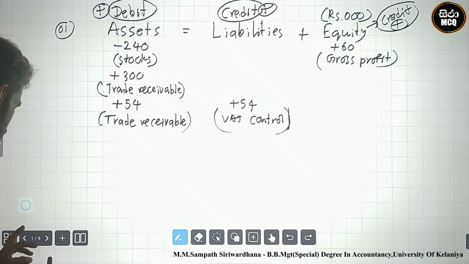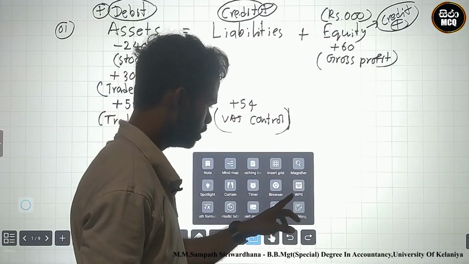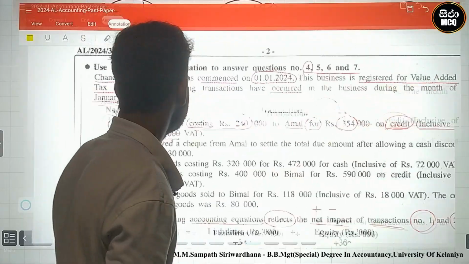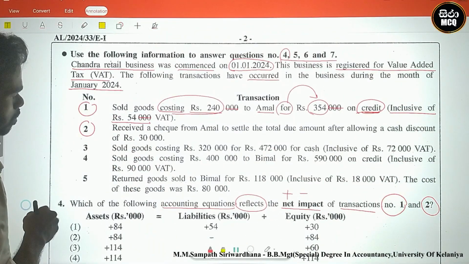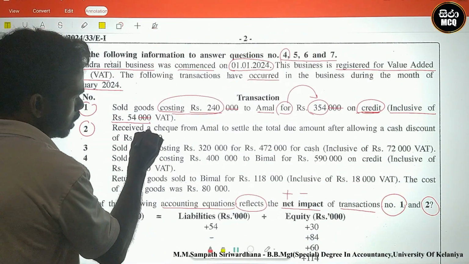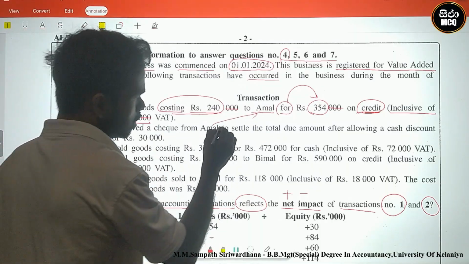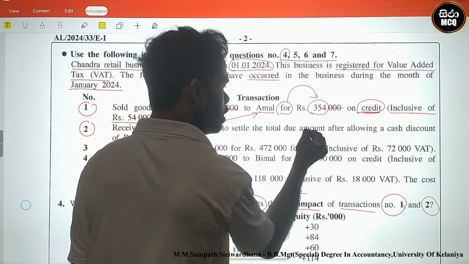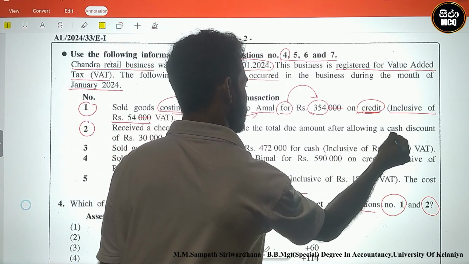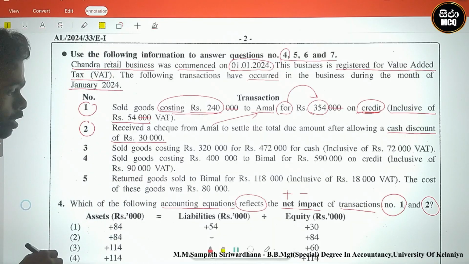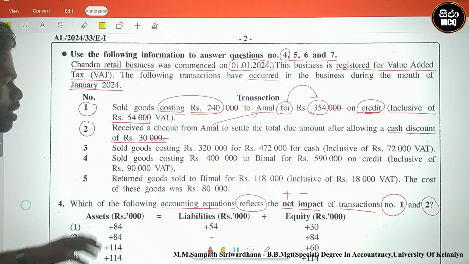Let's go to the second one. Look here, see the question. We go to the second one. This one. Received a check from Amal. Amal means this dial. Amal settled the total due amount after allowing cash discount 30,000.